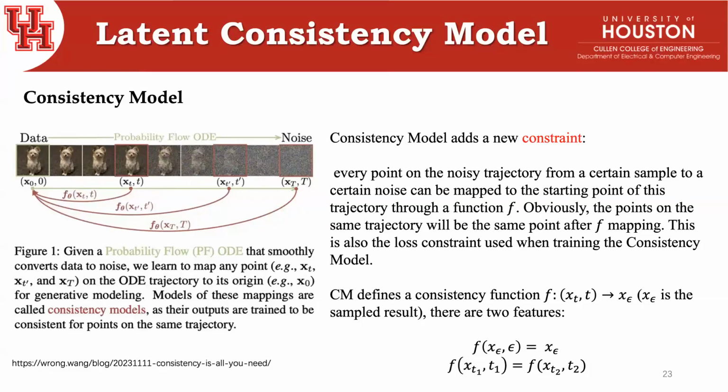First, f(x, epsilon) equals x, so you can get back to x0, the original picture. The second is that at any time step, the outputs of the function are all the same.